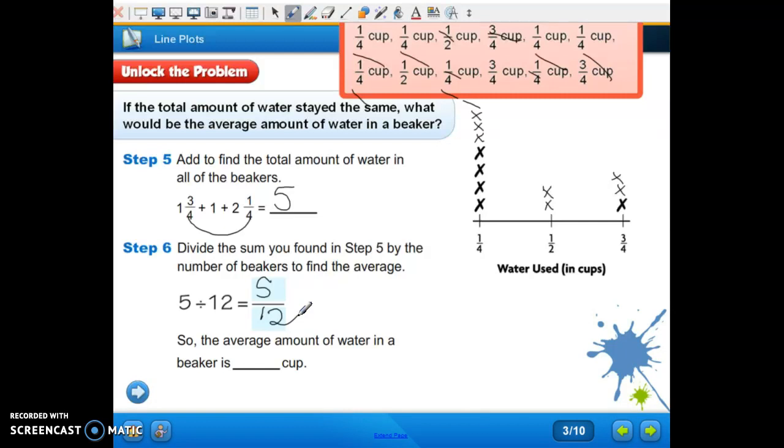Just like if I took all your math tests and I added all your scores together and divided by 10, I would get an average or the mean. Okay, so the average amount of water in a beaker is 5/12 cup.